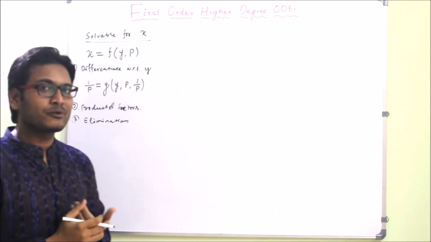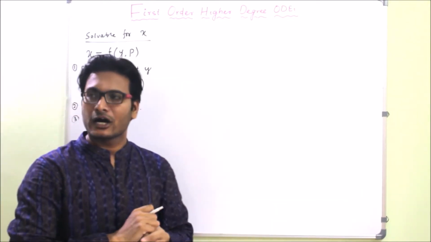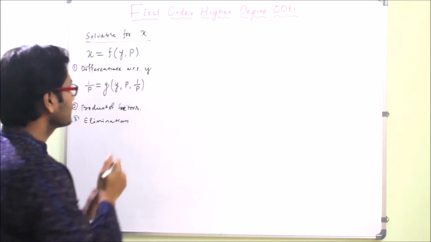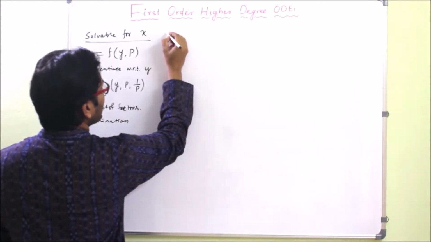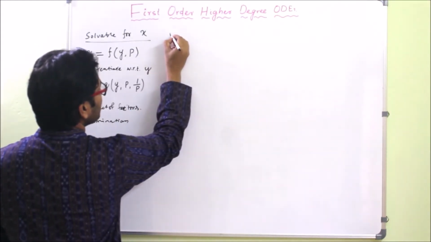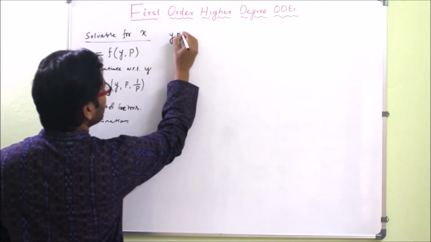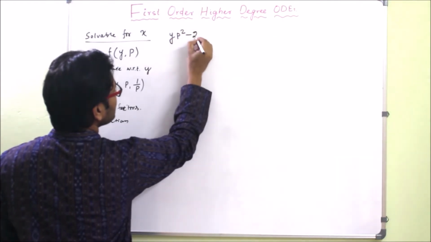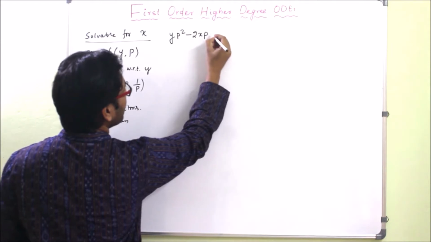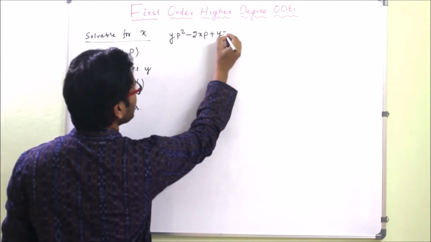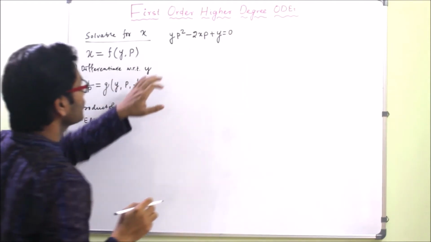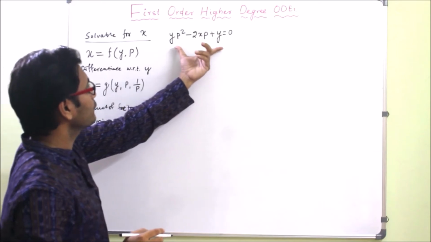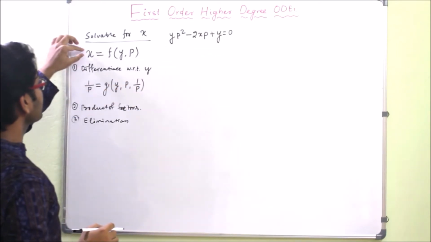Now through one example problem, we will demonstrate how to use this method. Let us take the example y p square minus 2xp plus y equal to 0. First we have to convert it into this form.